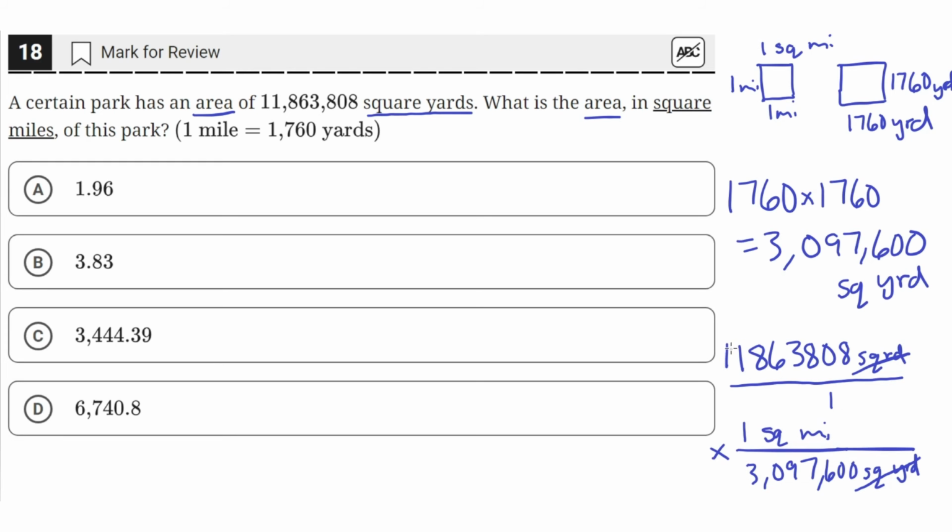So when we divide 11,863,808 by the number of square yards in 1 square mile, we'll get a value of 3.83 if we plug that into our calculator. So this will equal 3.83. And that will be in units of square miles, which is answer choice B.